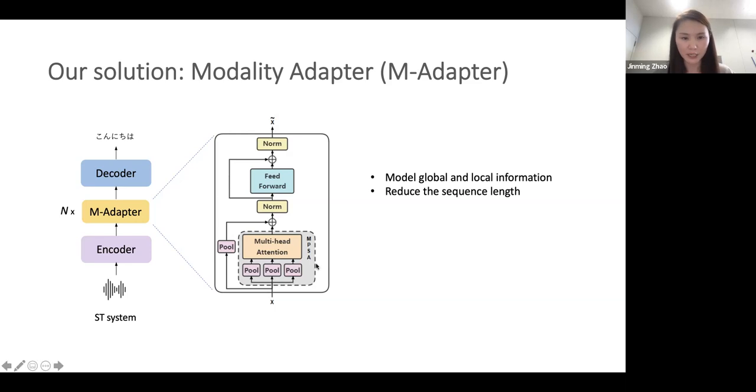It can be integrated easily with a pre-trained speech encoder and a pre-trained text decoder. In our work, we use Wav2Vec 2.0 large as the encoder and the mBART decoder as the text decoder because of their strong performance on speech translation in previous works.